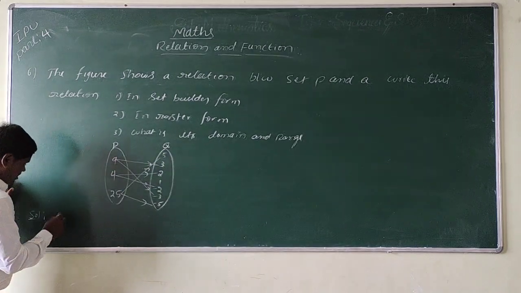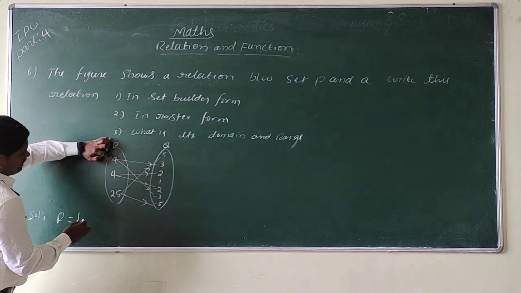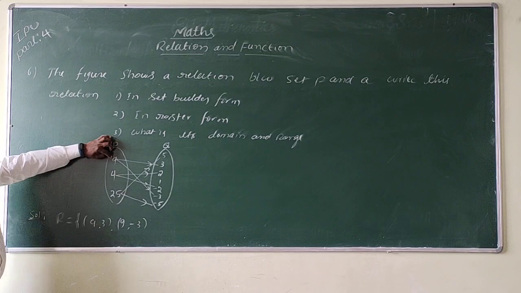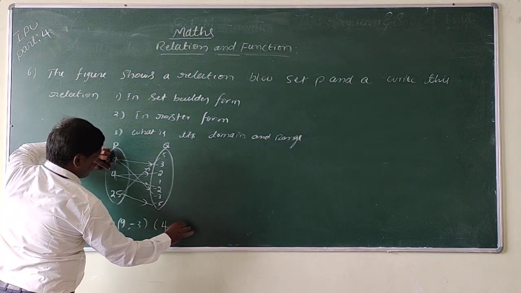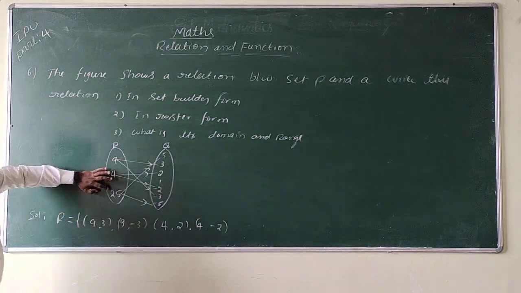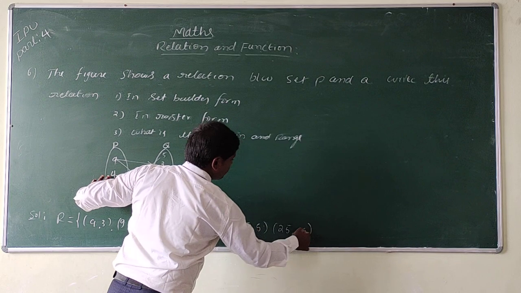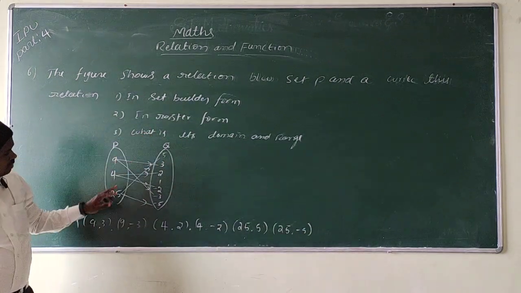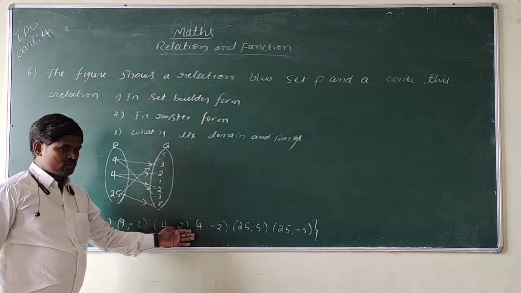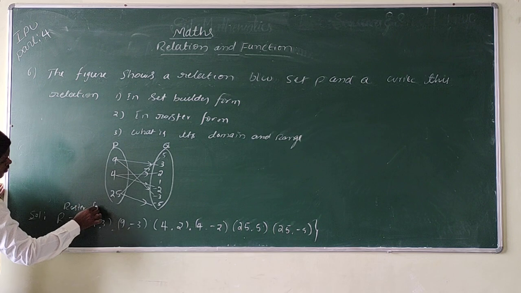So first we write the relation R: (9, 3) and (9, -3), (4, 2) and (4, -2), then (25, 5) and (25, -5). 25 is related with 5 and -5, and 4 is related with 2 and -2. So this is the roster form.